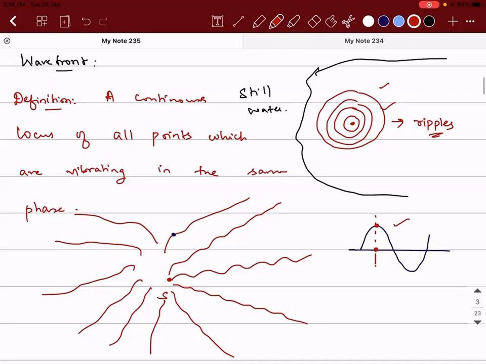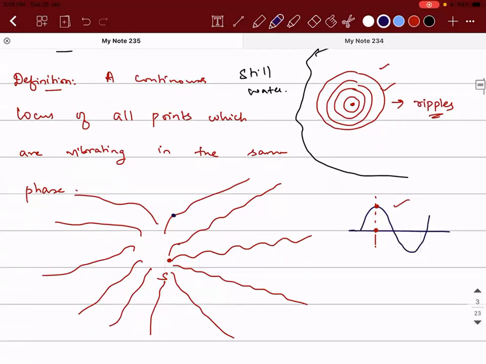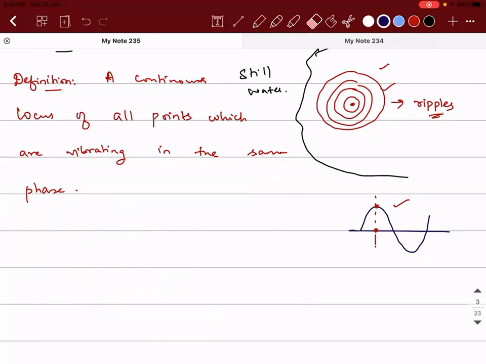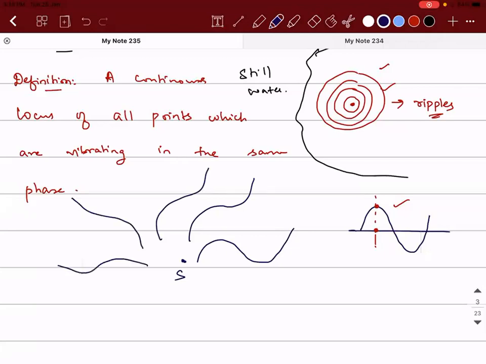If I take all those displacements at the same time, let me draw a better diagram. Let us say this is the source and 1, 2, 3, 4, 5, 6, 7, 8, something like this. Let us say this is the phase of a particle at this instant.